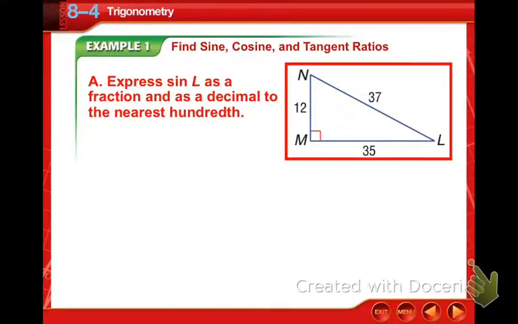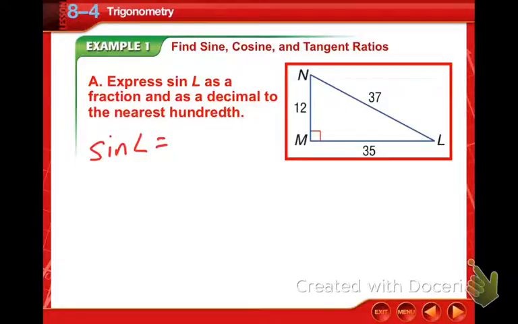All right, so for example 1, part A, we have to find sine of L. Now, they just want us to find the ratio. So all that means is get the fraction, put it into decimal, round to the nearest hundredth. It's pretty simple. So sine of L, remember, is opposite over hypotenuse, right?